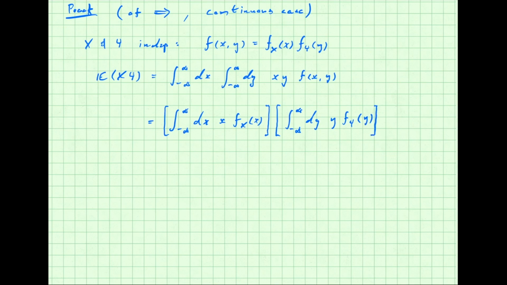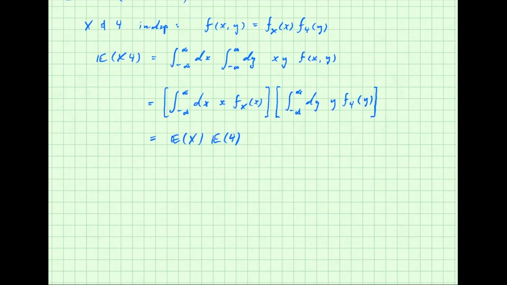Like so. Each of those things in square brackets is one of the expected values. So this is the expected value of x, and the second one is the expected value of y. Now let's think about how come this doesn't work when you go the other way. But that really is the end of the proof.